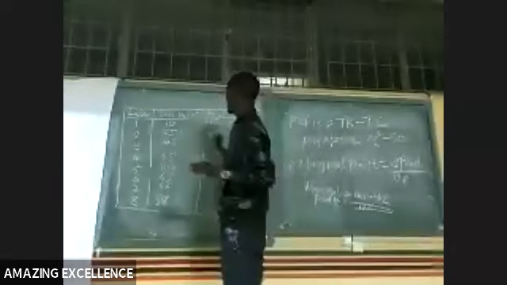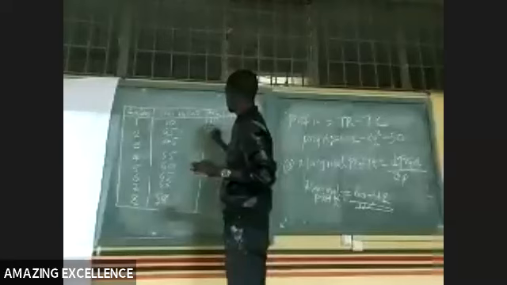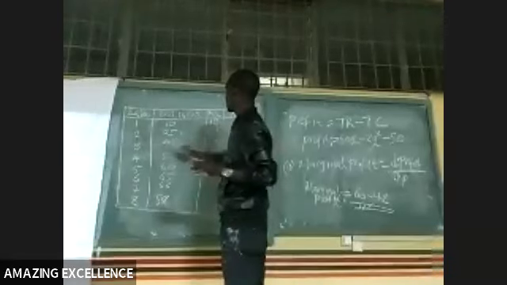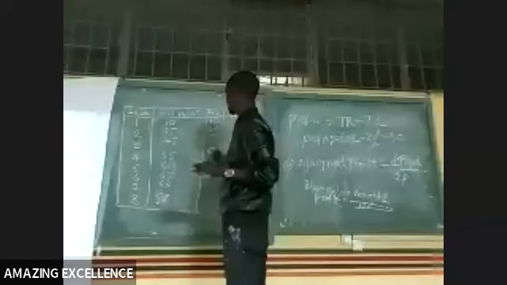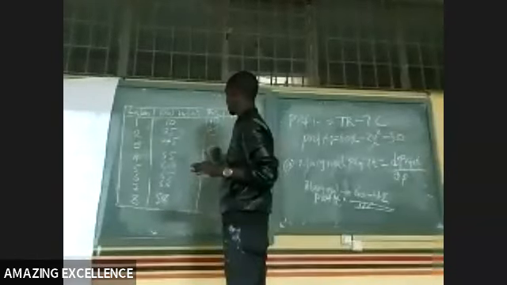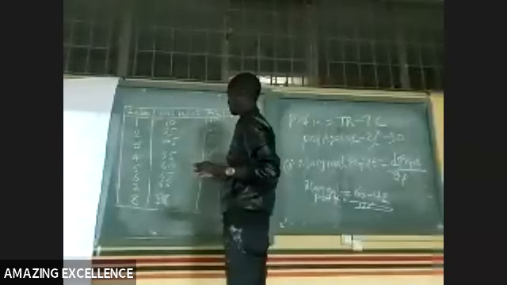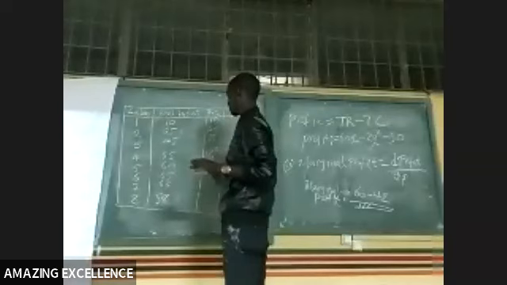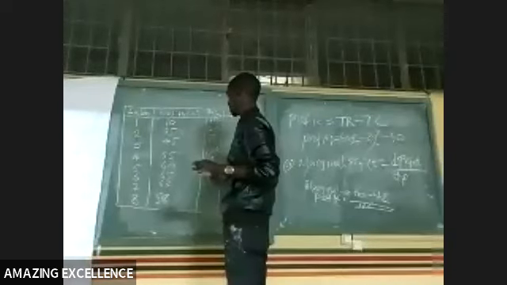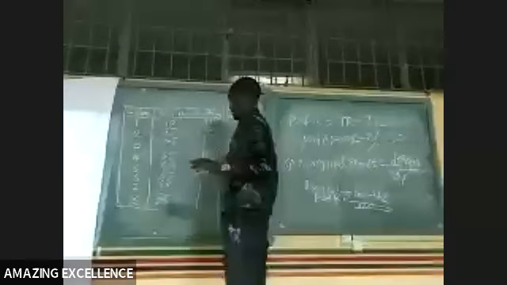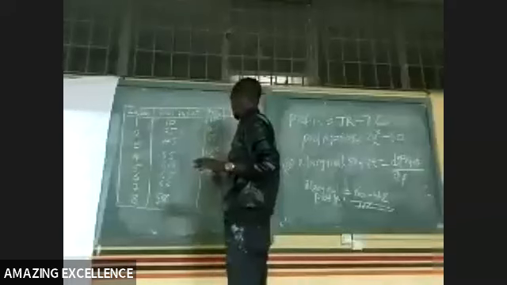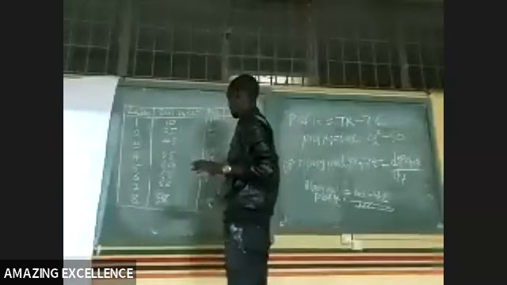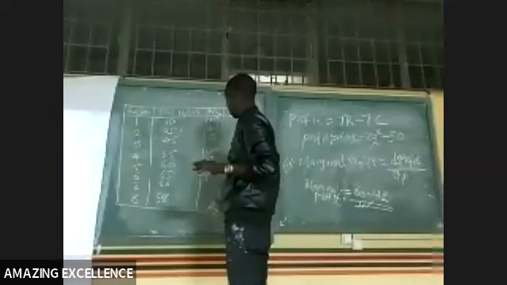Now these concepts you just have to repeat. 25 divided by 2 is 12.5, 45 divided by 3 is 15, 55 divided by 4 is 13.8, 60 divided by 5 is 12, 65 divided by 6 is 10.8, 63 divided by 7 is 9, and 58 divided by 8 is 7.3, right?